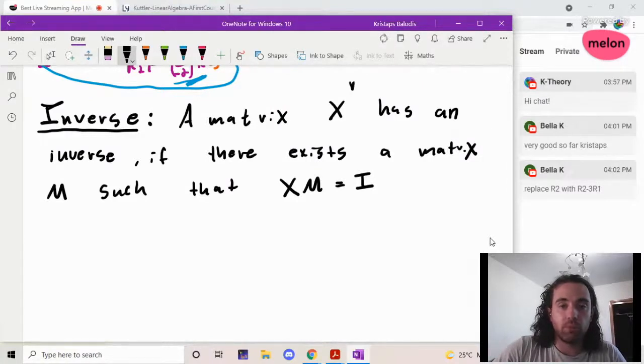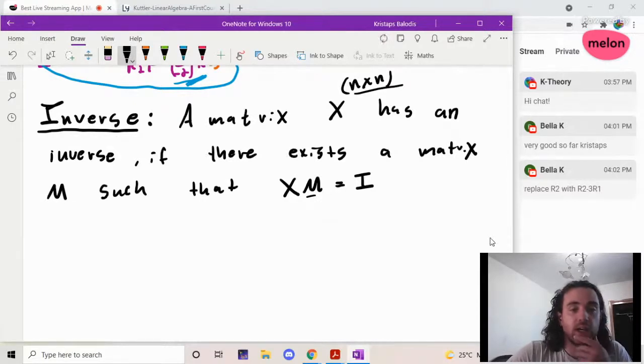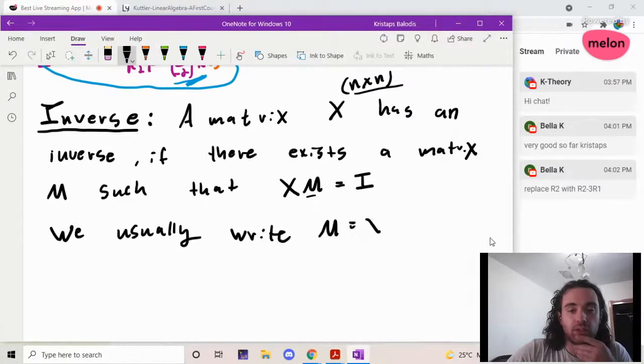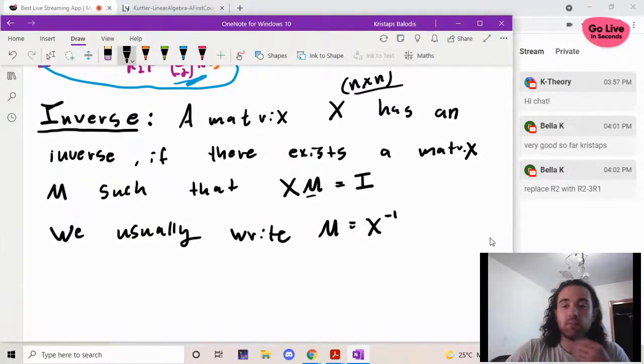So X in this case has to be a square matrix. It has to be an n by n matrix. And in this case, M also has to be n by n. And so if this matrix exists, we usually write M as X minus 1.